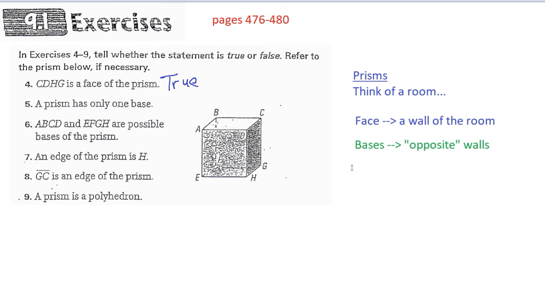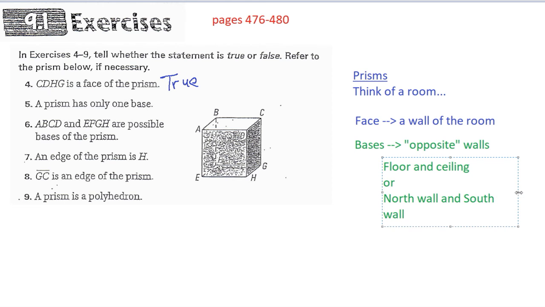For example, the floor and the ceiling could be bases, or the north wall and the south wall. That's another possibility. Those would be opposite walls if our room is set up that way. Or it could be the east wall and the west wall.